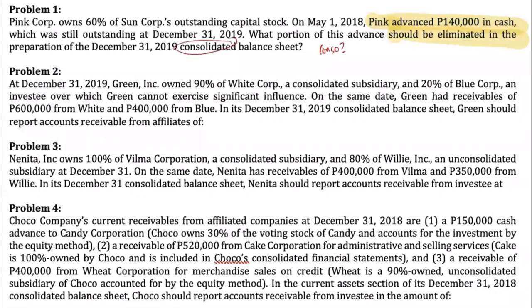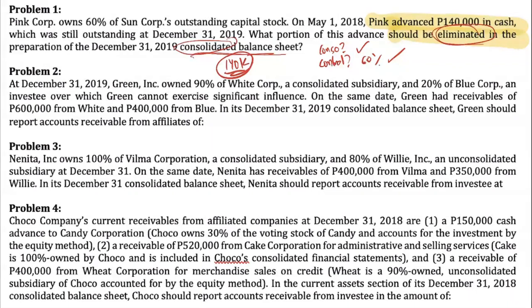Yes, kasi sabi dito, what amount should be eliminated in the preparation of consolidated balance sheet? Yes. Next question. Do we have control? 60%. Do we have control? Yes. So can we eliminate? Yes. Only if there is conso and there is control. So you eliminate 140,000.